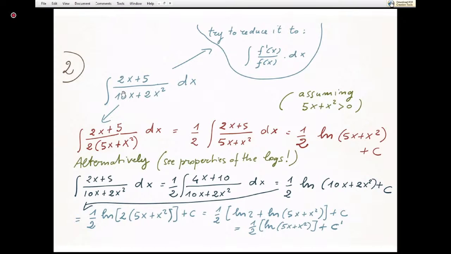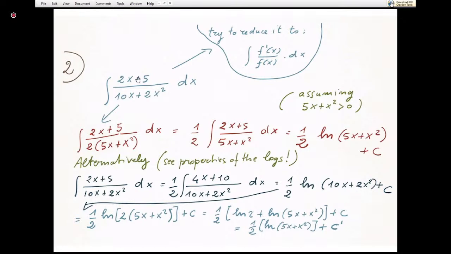In this case, we could move this 2 outside the integral, and we would have 5x plus x squared in the denominator and 2x plus 5 in the numerator, which is precisely the derivative of this. Okay? So let's follow this strategy first and then the other one.